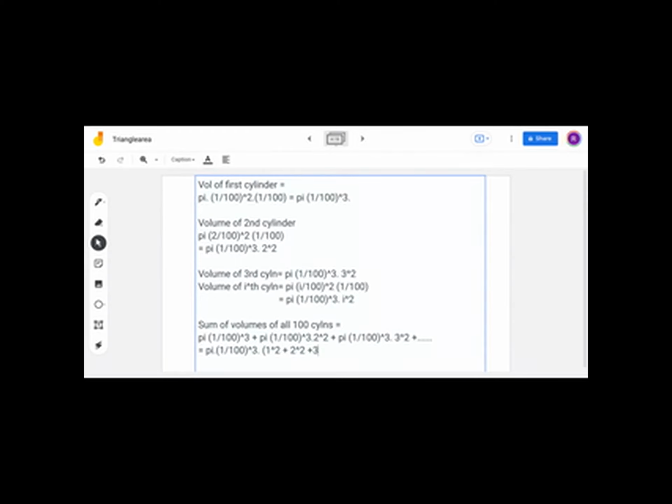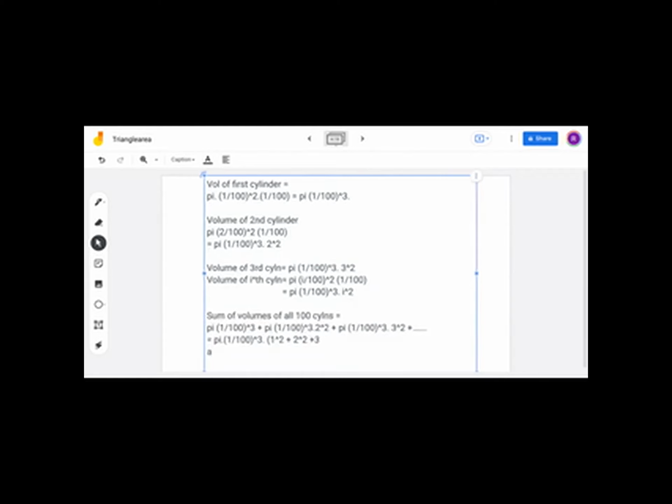No. Can I say a squared plus b squared is equal to a plus b whole squared? No. When I expand this, I get an extra 2ab term. A plus b whole squared is a squared plus b squared plus 2ab. They're not the same, so I have to keep it separate.